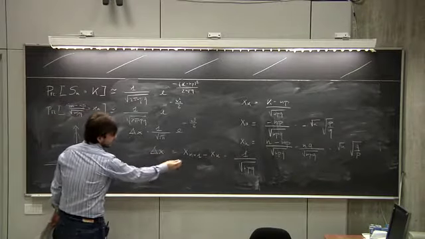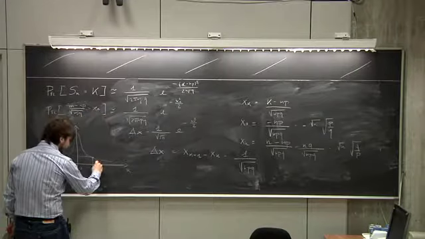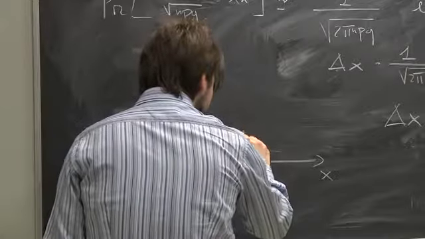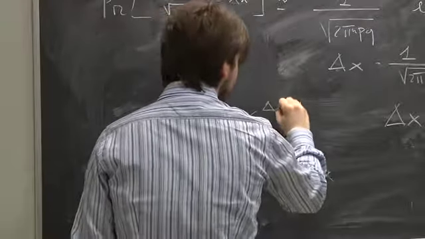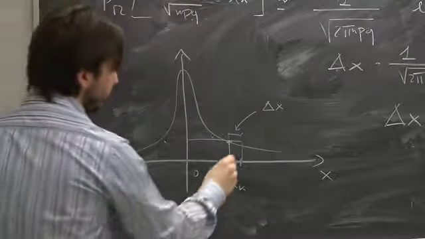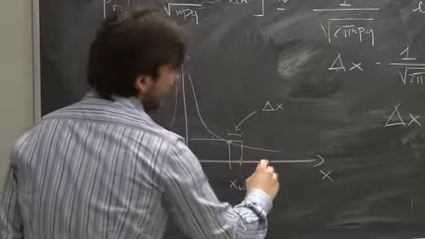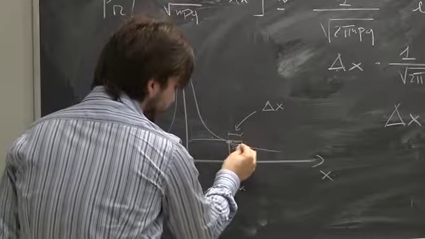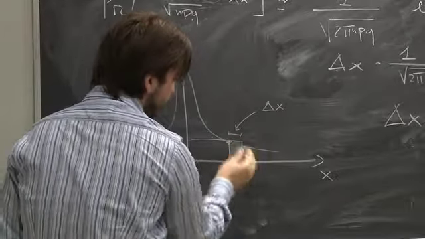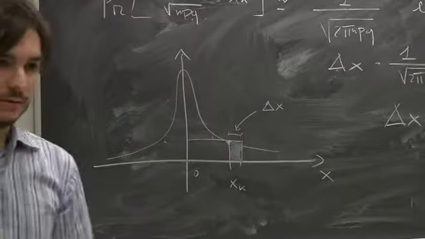This delta x is still finite, so it will be like this. This is delta x, right? I don't know if you can see it. So when you do delta x times this value, essentially you're evaluating this area, right? The area of this little.